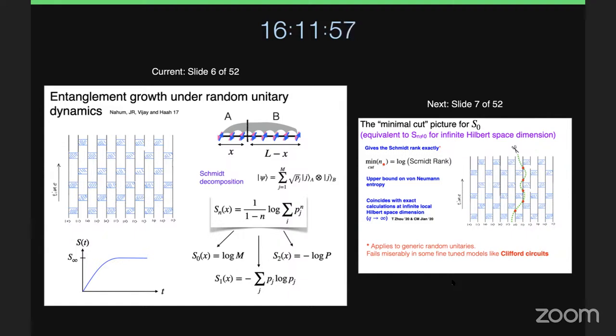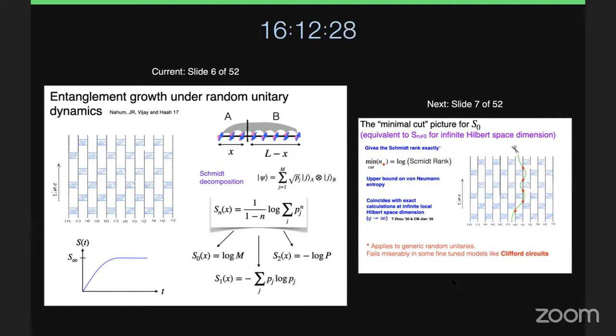And then you're basically writing your wave function as a sum of product states and probabilities, and the number of product states you need to describe your wave function faithfully quantifies entanglement in some sense. And you can use, for example, these Renyi entropies. And here the index is the level of this Renyi entropy. And for example, n going to 1 is the well-known Shannon information entropy.